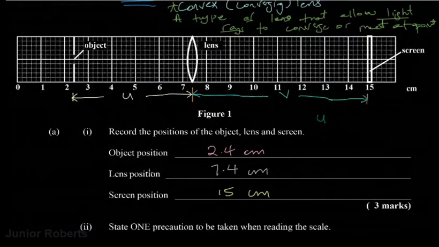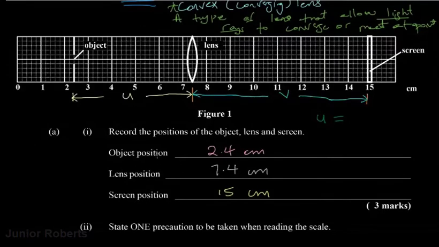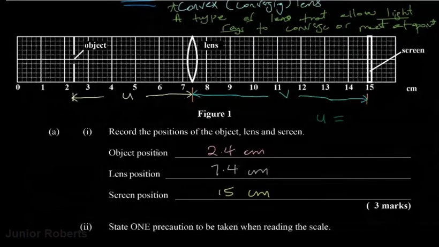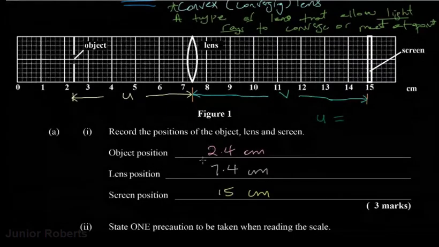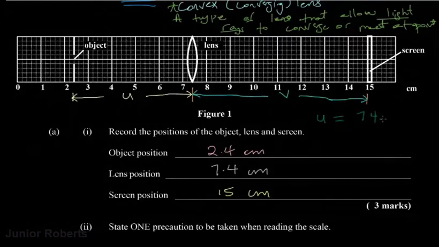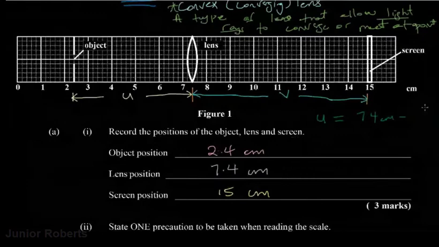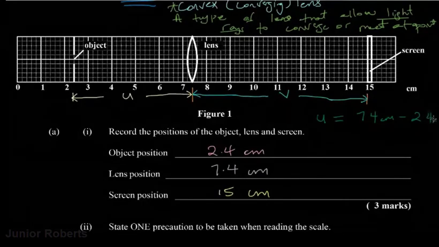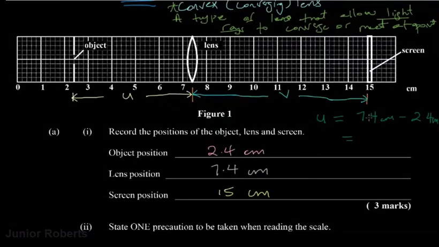So u is equal to lens position minus object position: 7.4 centimeters minus 2.4 centimeters.